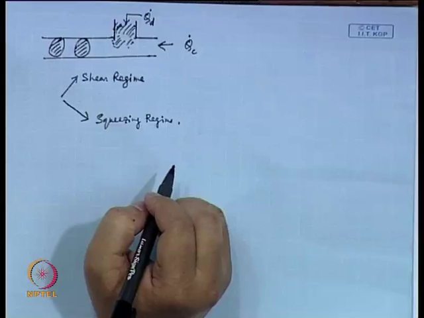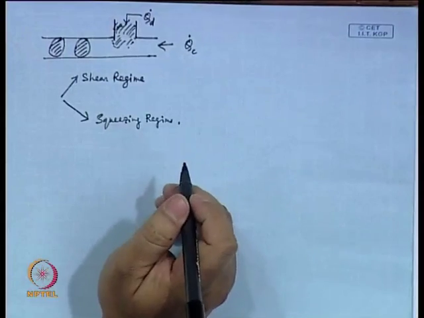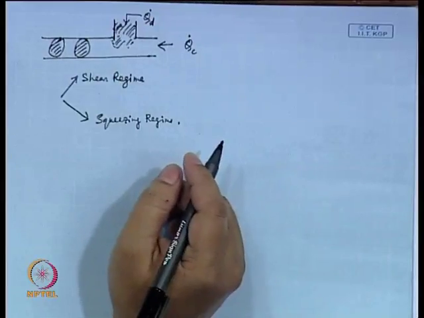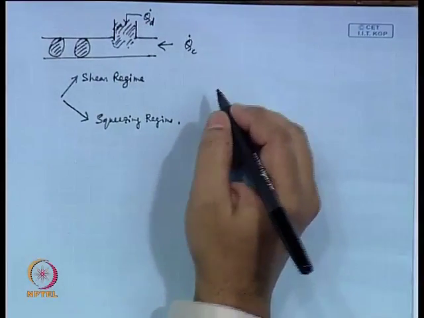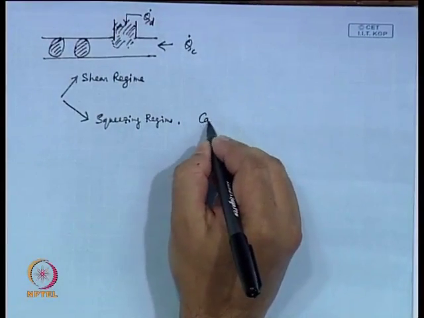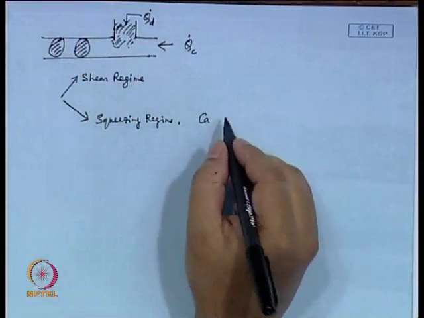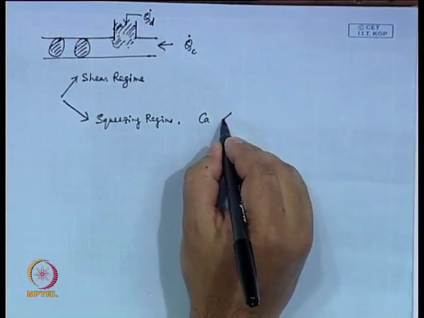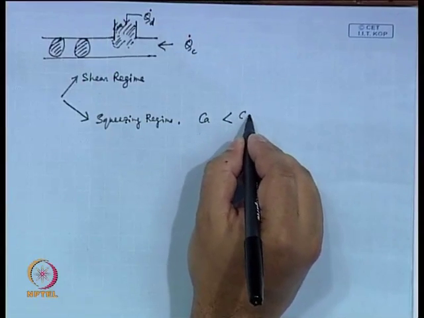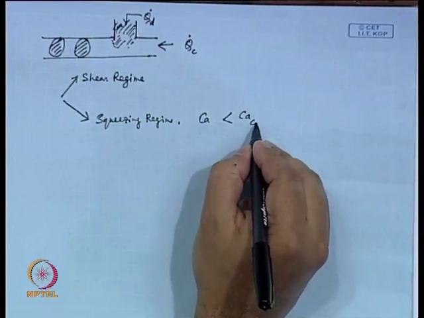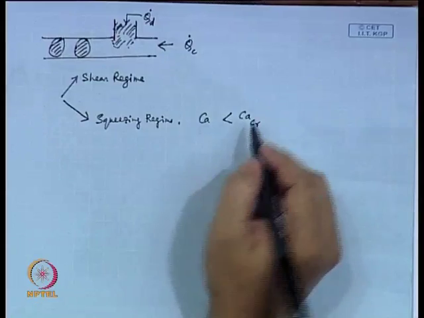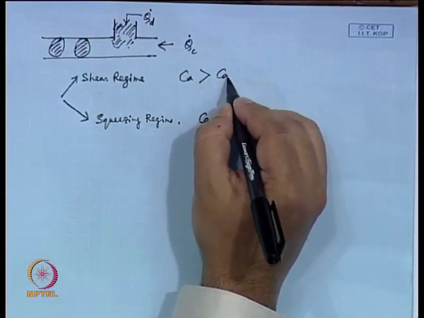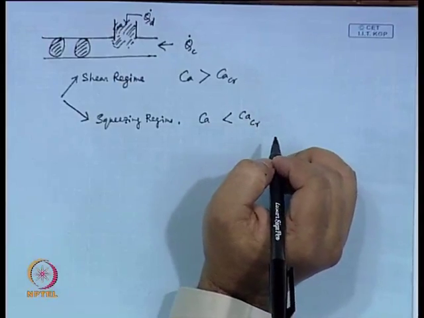And there is a critical capillary number which determines in which regime the formation of droplet is. If the capillary number of this whole formation process is less than the critical capillary number, then it would be a squeezing regime. On the other hand, if it is greater than critical, then it would be shear regime.